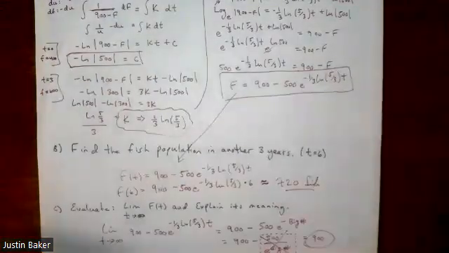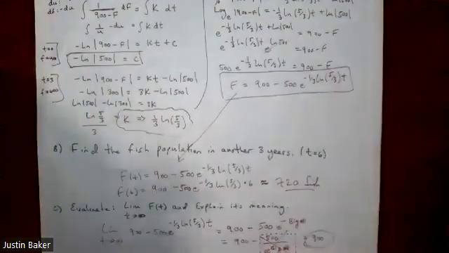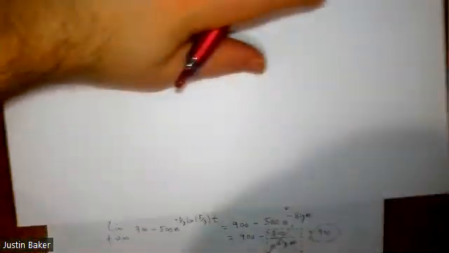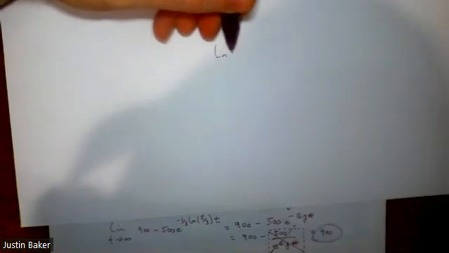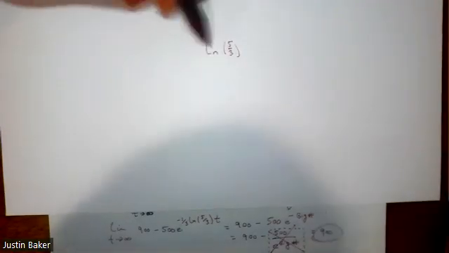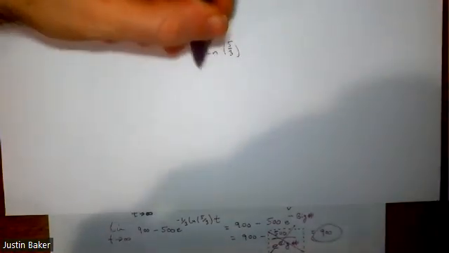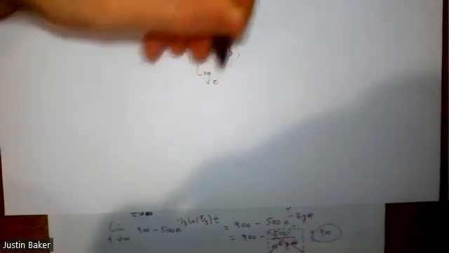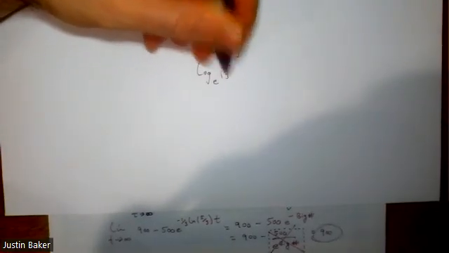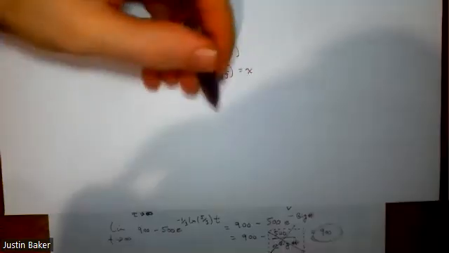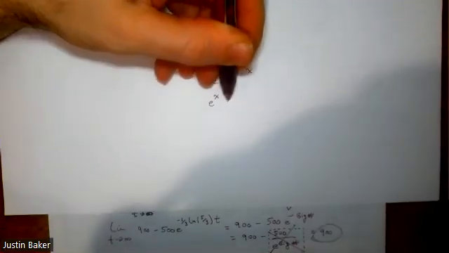So just to kind of explain to you off to the side, what that means. Let's forget the whole problem. Let's just say natural log 5/3 and just analyze what that means. So I don't know the exact number, but natural log of 5/3 means log e of 5/3 equals x. So that's like saying e to what power is equal to 5/3.